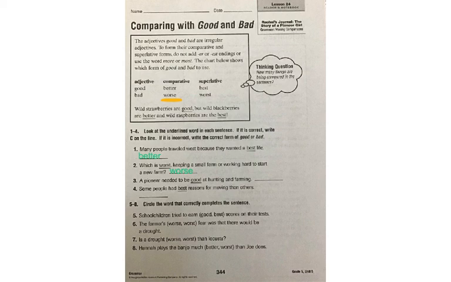Number 5, school children tried to earn good scores on their tests, or school children tried to earn best scores on their tests. And we have the word good. Number 6, the farmer's worst fear was that there would be a drought. And it's worst. Go ahead and complete 7 and 8 on your own.